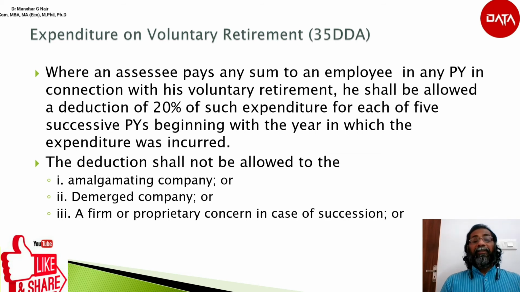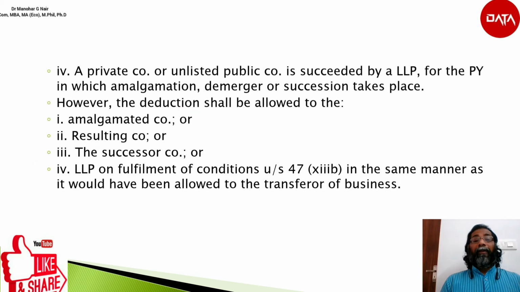The deduction shall not be allowed to the amalgamating company or to the demerged company, or to a firm or proprietary concern in case of succession, or a private company or unlisted public company is succeeded by a limited liability partnership for the previous year in which amalgamation or demerger or succession takes place.